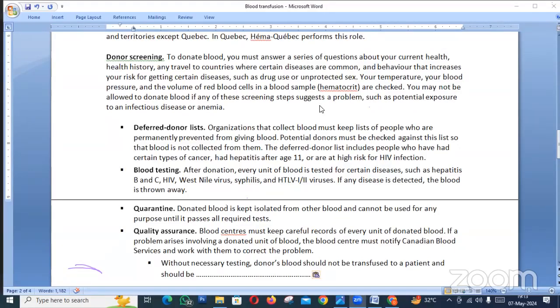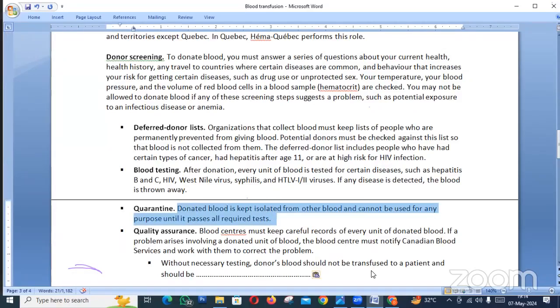In the donor screening subheading, the third one, the subheading quarantine. Donated blood is kept isolated from other blood and cannot be used for any purpose until it passes all required tests. Without necessary testing, donor blood should not be transfused to a patient and should be isolated. Very good. Excellent.